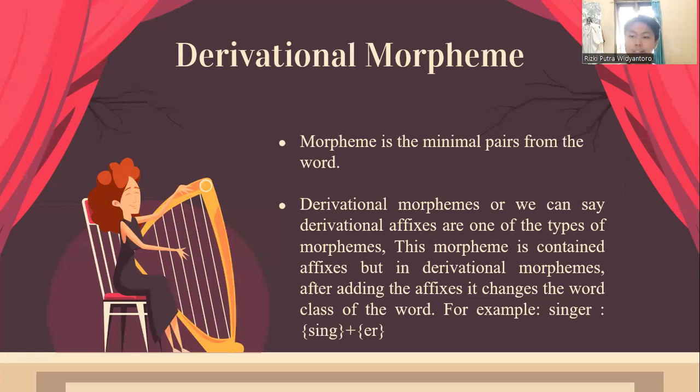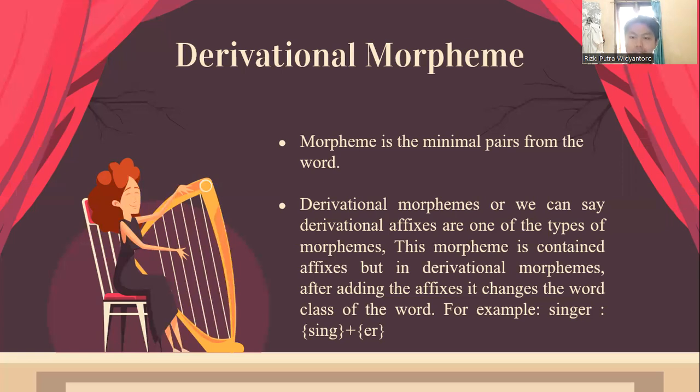For example, the word singer. The word singer consists of two parts: the root sing and an affix. The word sing has the word class verb, but adding the affix makes this word change from verb to noun. So sing is a verb. By adding -er it becomes singer, and it's a noun.